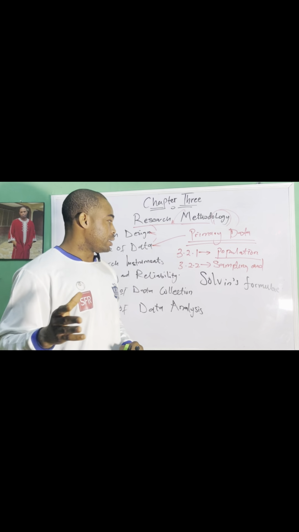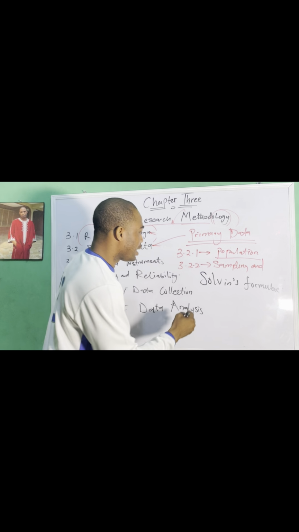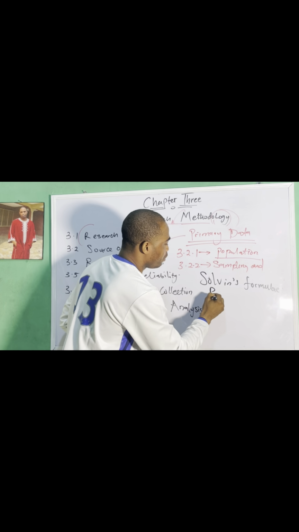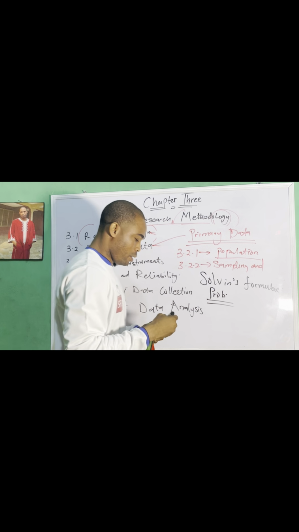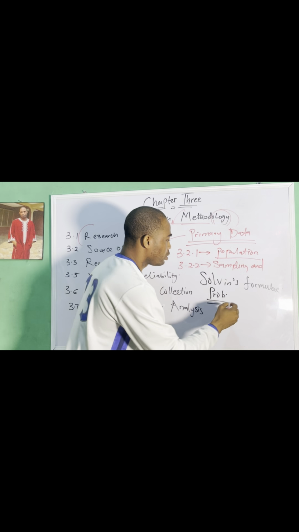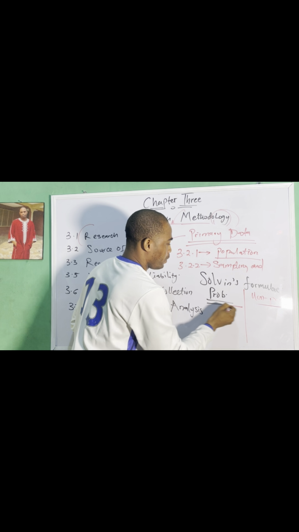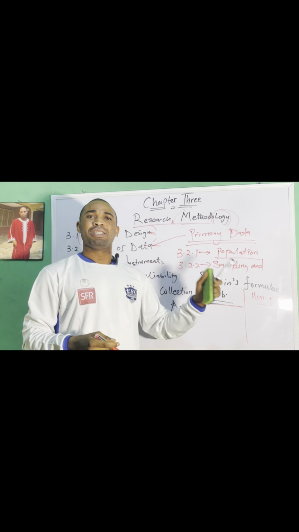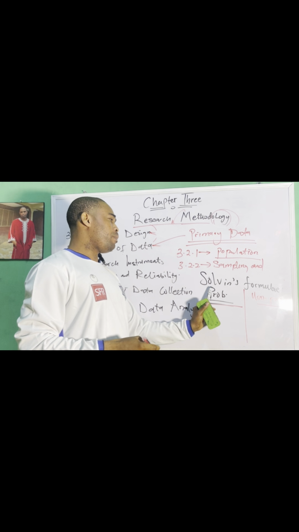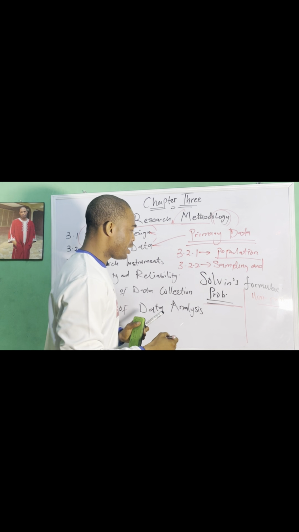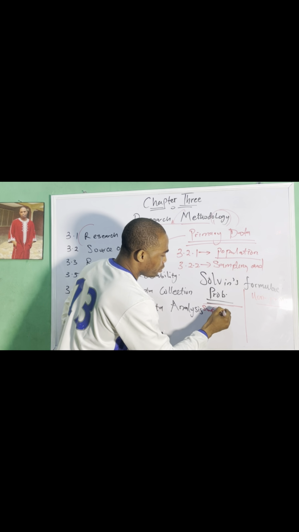and non-probability sampling techniques. The probability sampling techniques, I will show the probability as PRB. Then we have another one that we call non-probability. That is, which techniques are you using? Once you derive your sampling, which techniques are you using? Under probability sampling techniques, we have something that we call simple random.